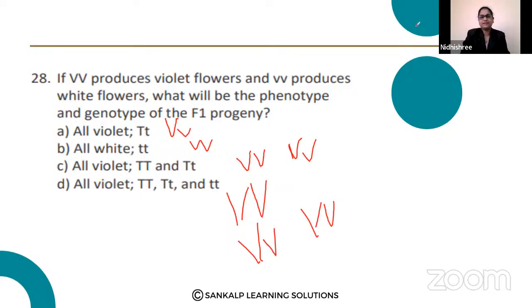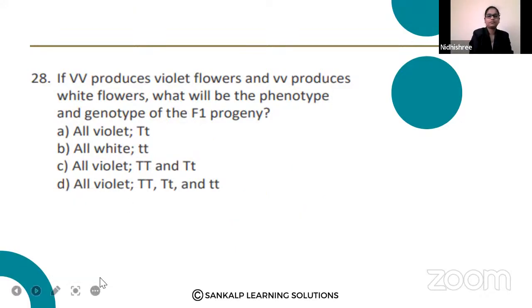They have asked about the F1 progeny. F1 progeny. See here, you are getting confused. F1 progeny has violet flowers. Just a minute. Okay. Violet flowers crossed with white flowers, which is recessive.